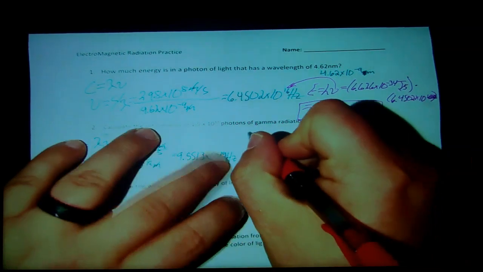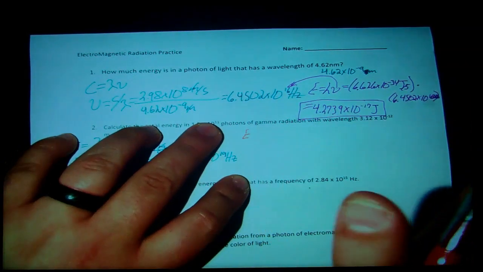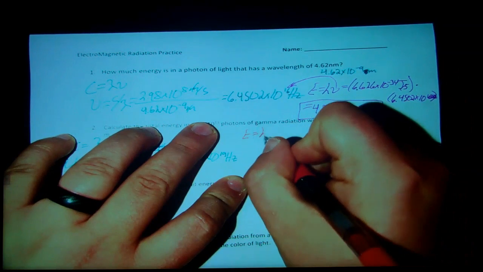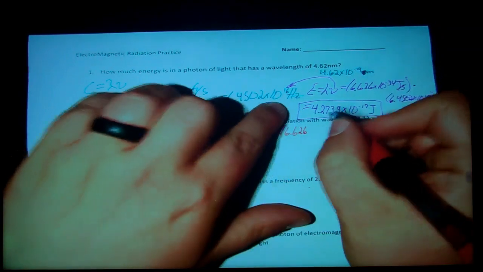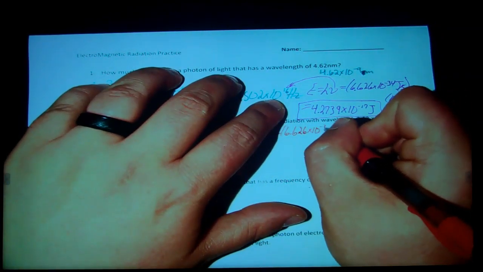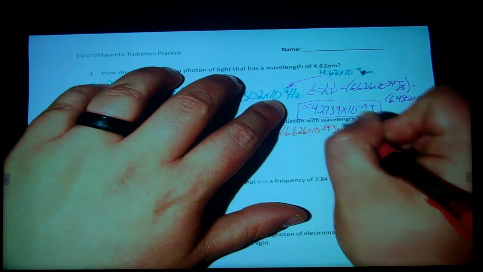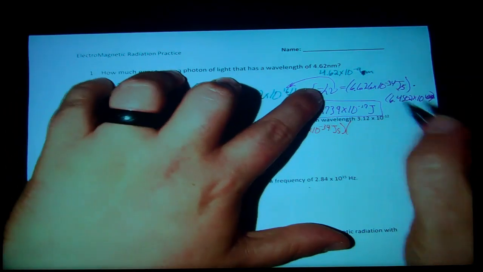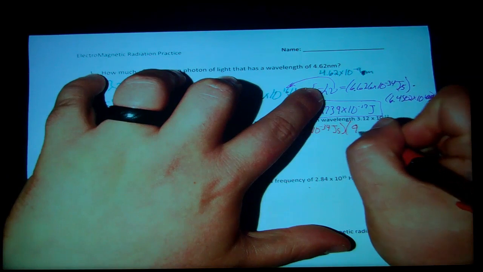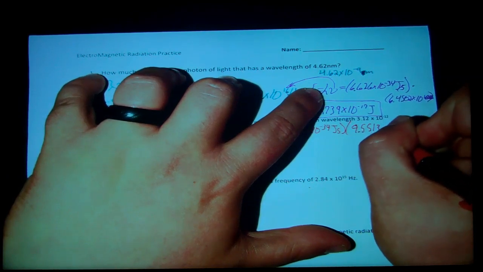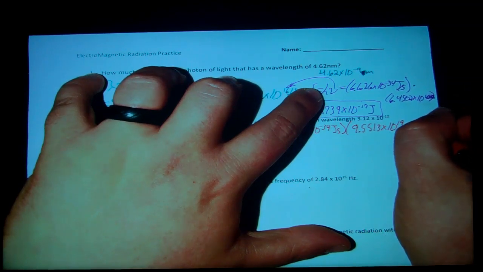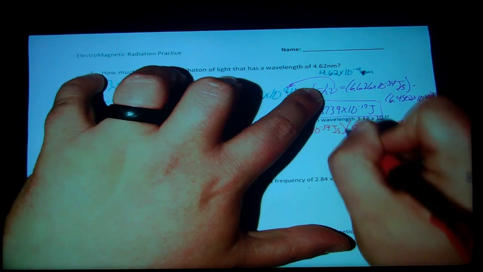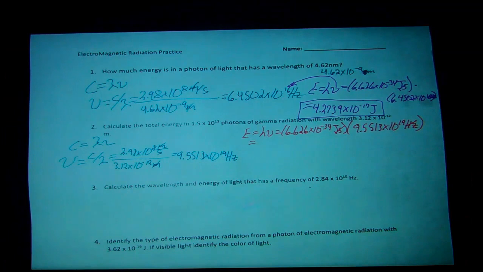Energy, and this is just for one photon, is equal to Planck's constant times frequency, so 6.626 times 10 to the negative 34 joule seconds times that frequency we just solved for, 9.5513 times 10 to the 19th hertz. Hertz and seconds cancel. So multiply those out.